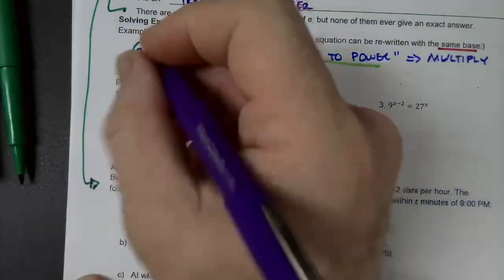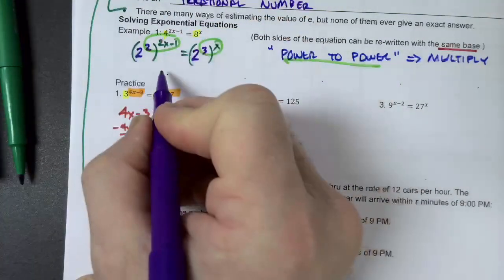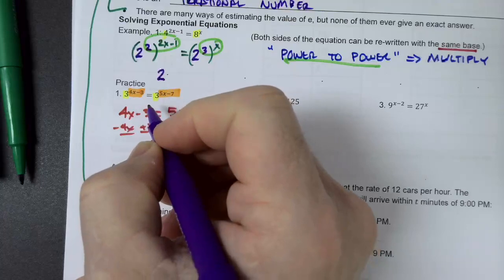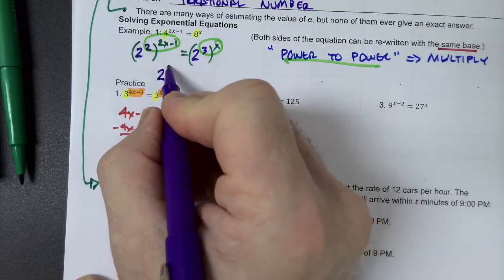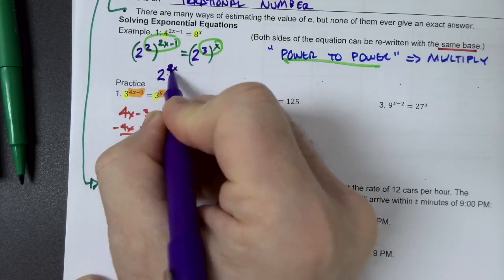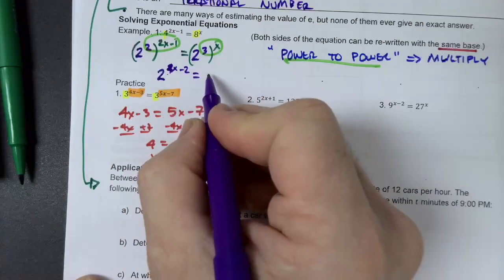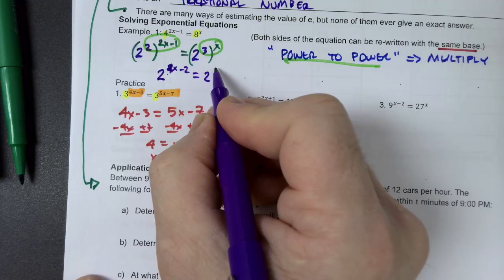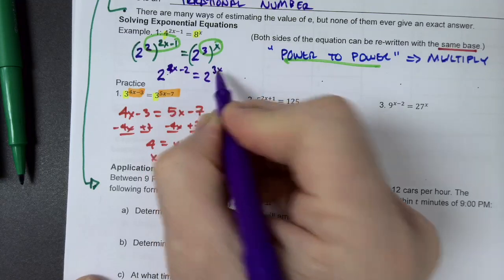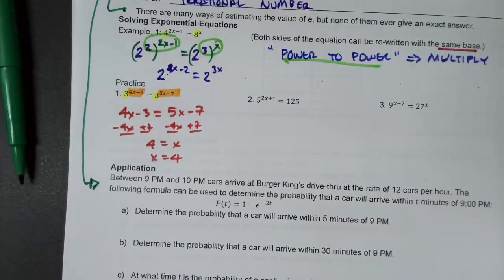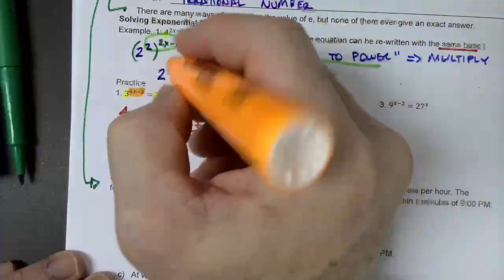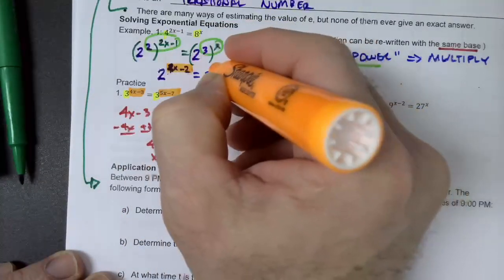Okay? So remember, when we multiply, we're going to distribute, so this will be a 2, and then 2 times 2x will give us 4x, and then 2 times negative 1 will be a negative 2, and on the other side, this will be just 2 to the 3 times x, or 3x power. And now we have one that looks like the first practice problem.